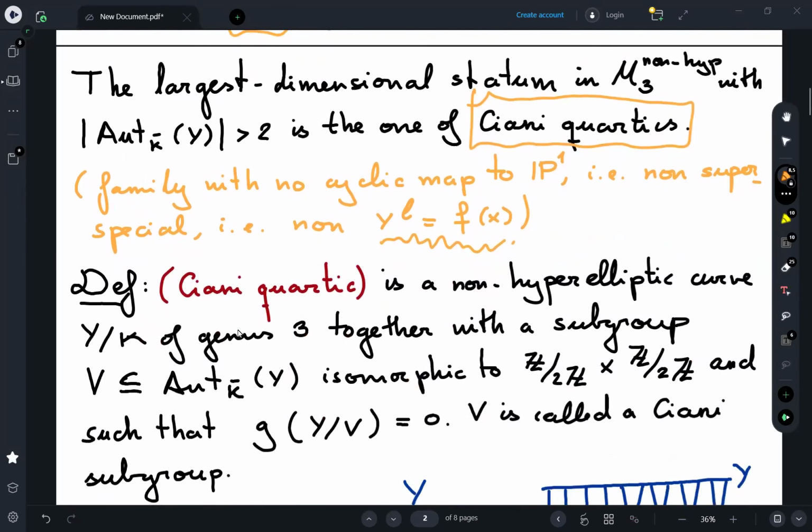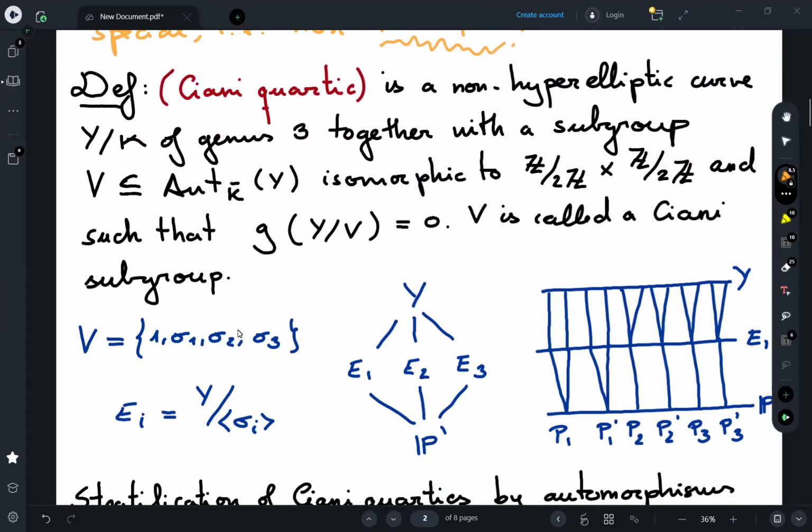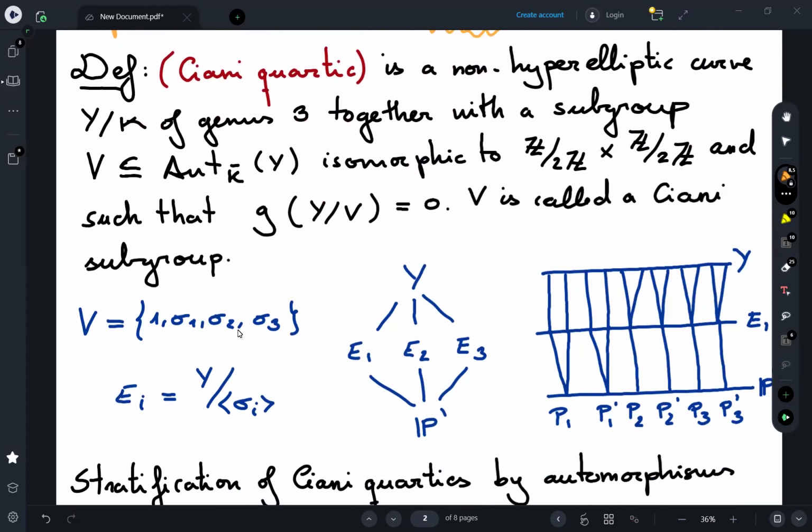So what is a Ciani quartic? A Ciani quartic is a non-hyperelliptic curve of genus 3 together with a subgroup of its automorphism group that is isomorphic to the Klein group. The Klein group is two copies of the cyclic group of two elements.